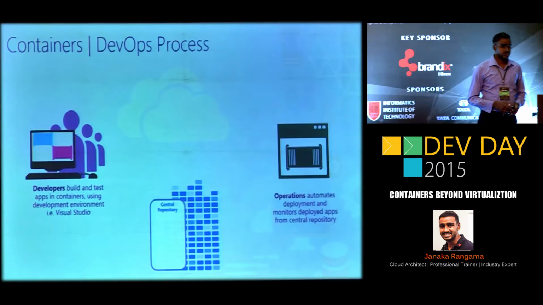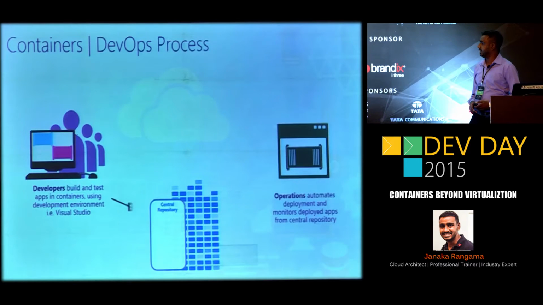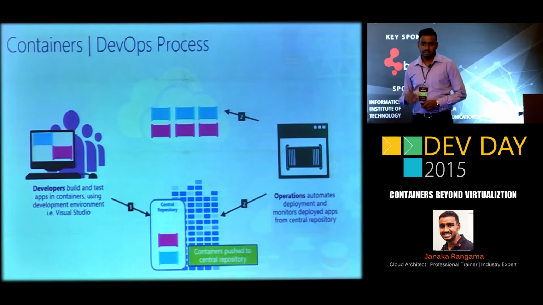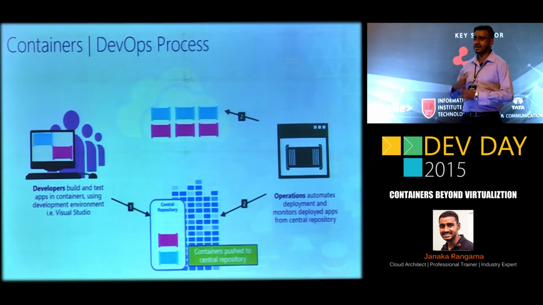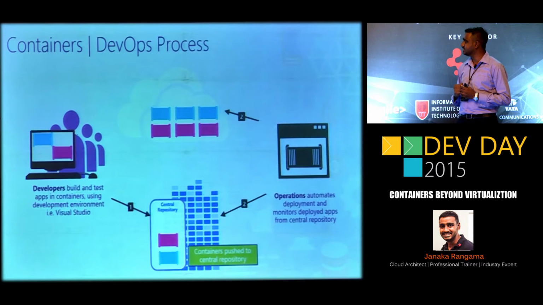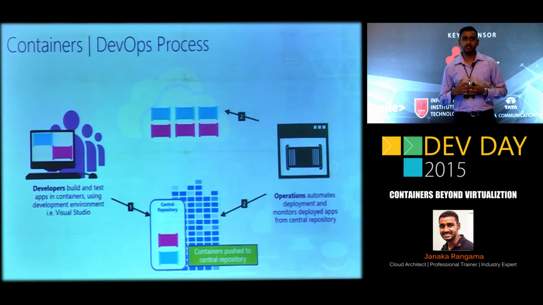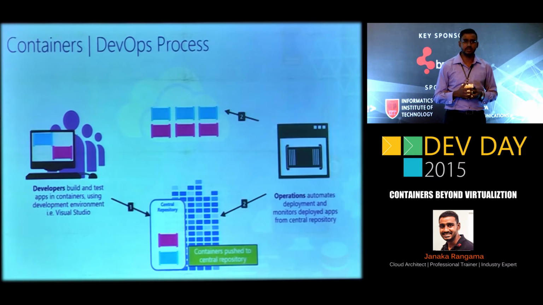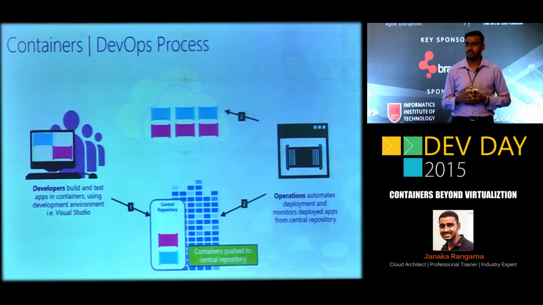Okay, so the DevOps process with containers. As you can see, the developers create the containerized application, package it using maybe any development tools, and then push it to the container repository, maybe Git, maybe GitHub, like that.